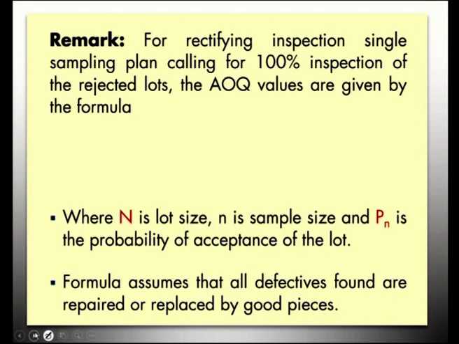The most important remark here is that for rectifying inspection, a single sampling plan calling for 100% inspection of the rejected lots, the AOQ values are given by the formula P bar equals AOQ equals P into (capital N minus small n) into PA divided by capital N, a very basic and important formula, where capital N is the lot size, small n is the sample size, and PA is the probability of acceptance of the lot.